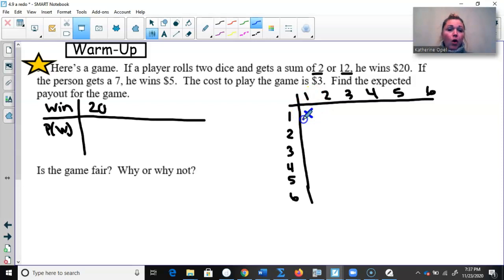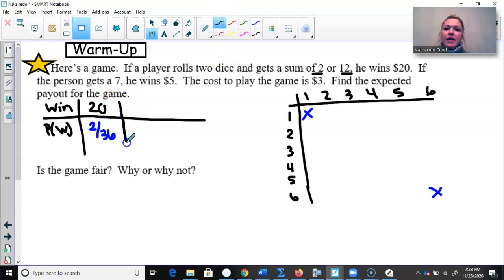To get a sum of 12, I would have to roll a 6 and a 6. There are 2 places that I could get a sum of 2 or 12. There's 36 places total, so I'm going to put 2 out of 36.